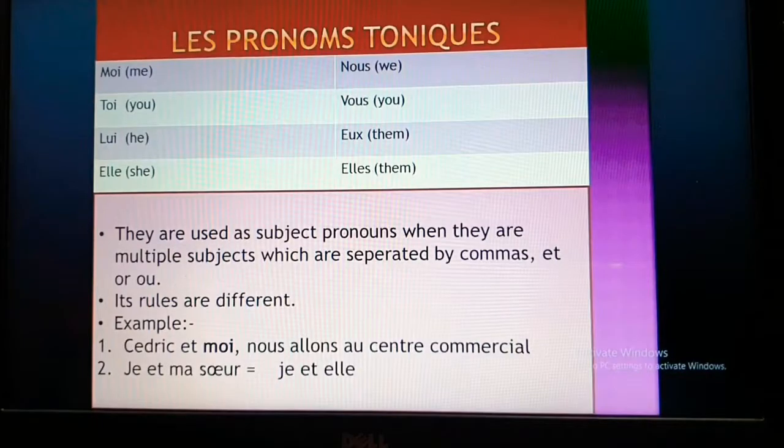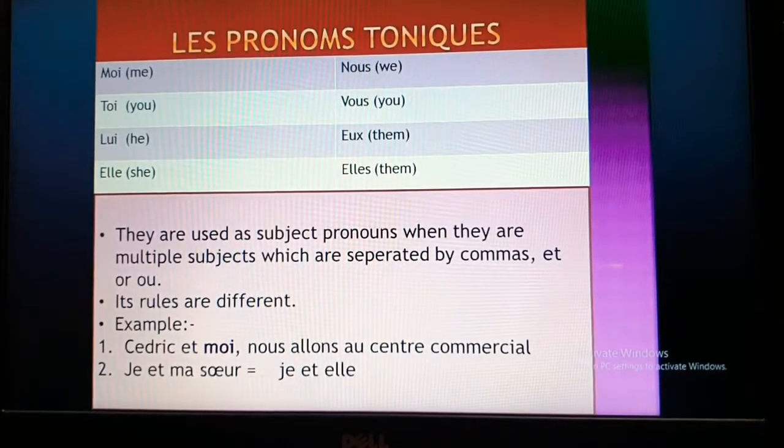So pronoun tonic are used as subject pronoun when there are multiple subjects which are separated by commas and or. Its rules are different, like Cédric et moi. I can write Cédric et moi, that means Cédric and me, nous allons au centre commercial, we go to the mall.